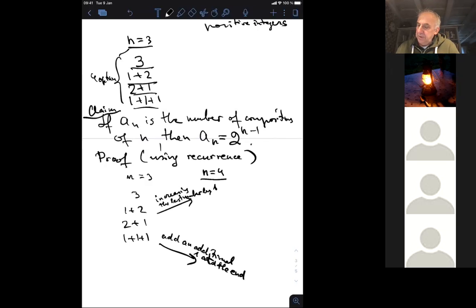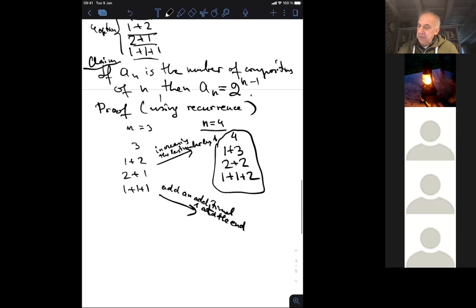Okay, so if we increase the last entry by 1, we'll be getting 4 out of 3, 1 plus 3, 2 plus 2, 1 plus 1 plus 2. This is one way.